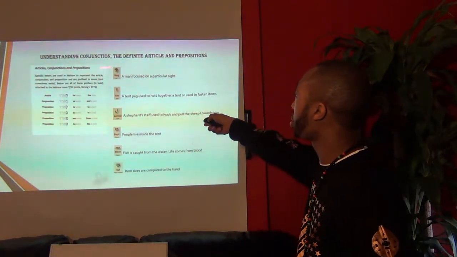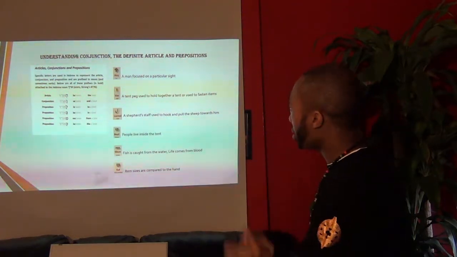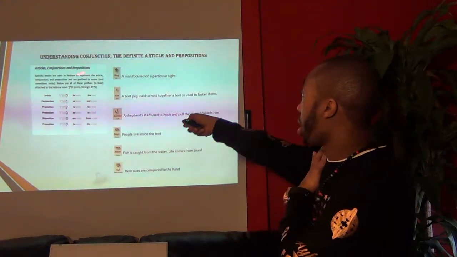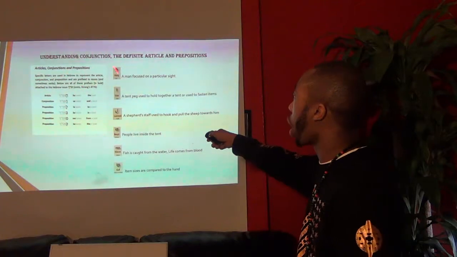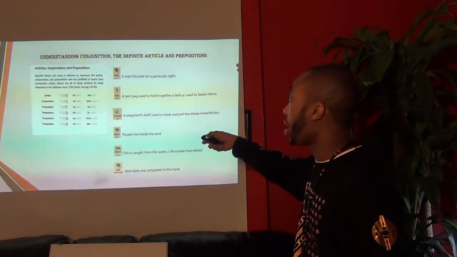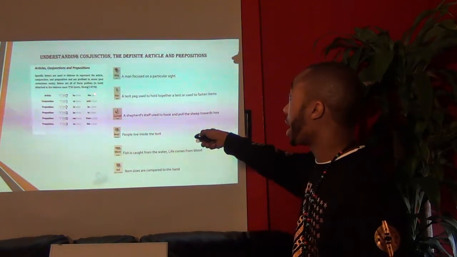Alright, understanding conjunctions, the definite article, and prepositions. How can we decipher conjunctions, the definite article, and prepositions in the Hebrew? Alright, look. Specific letters are used in Hebrew to represent the article, conjunction, and preposition, as prefixes to nouns. Below are all of these prefixes attached to the Hebrew word eretz.